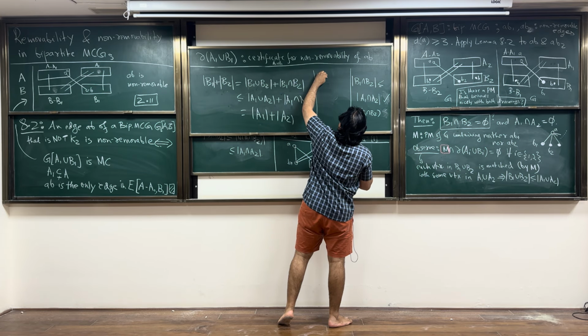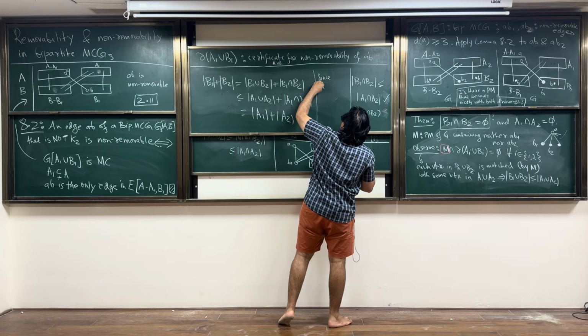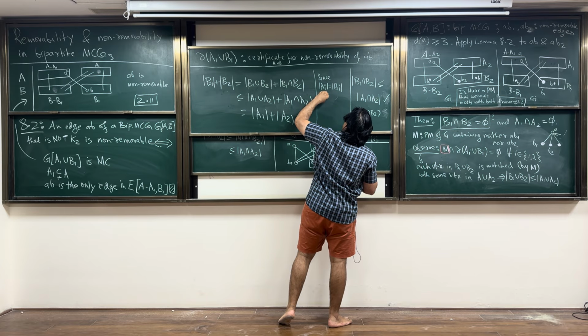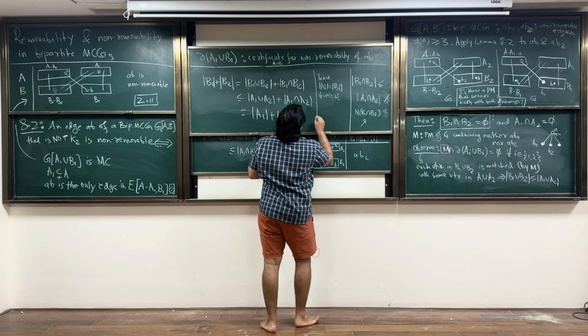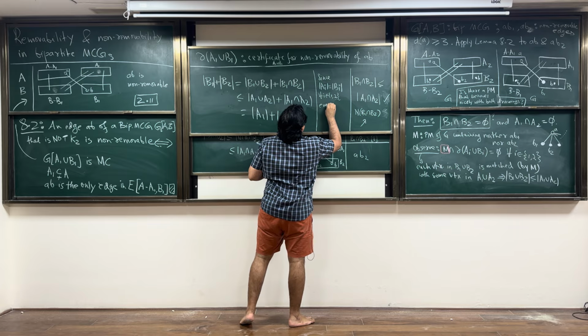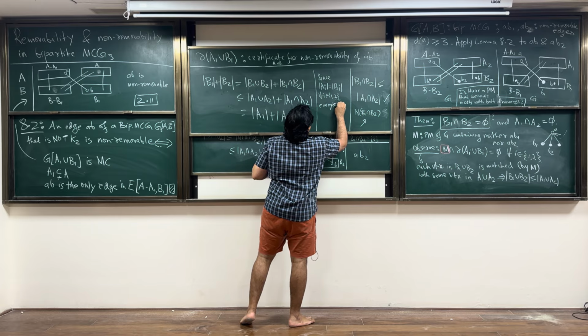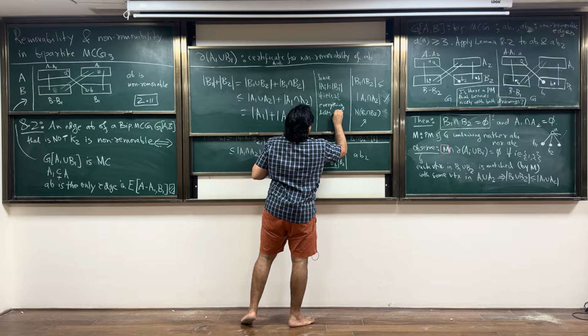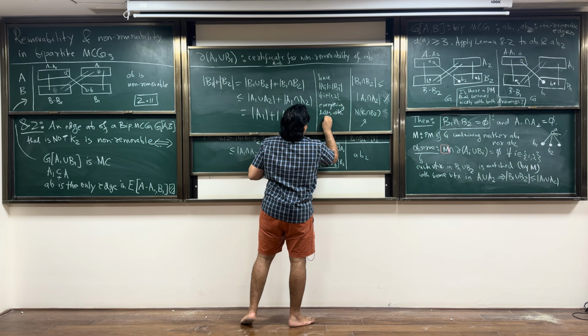Since cardinality of Ai is equal to cardinality of Bi for each i, everything holds with equality.